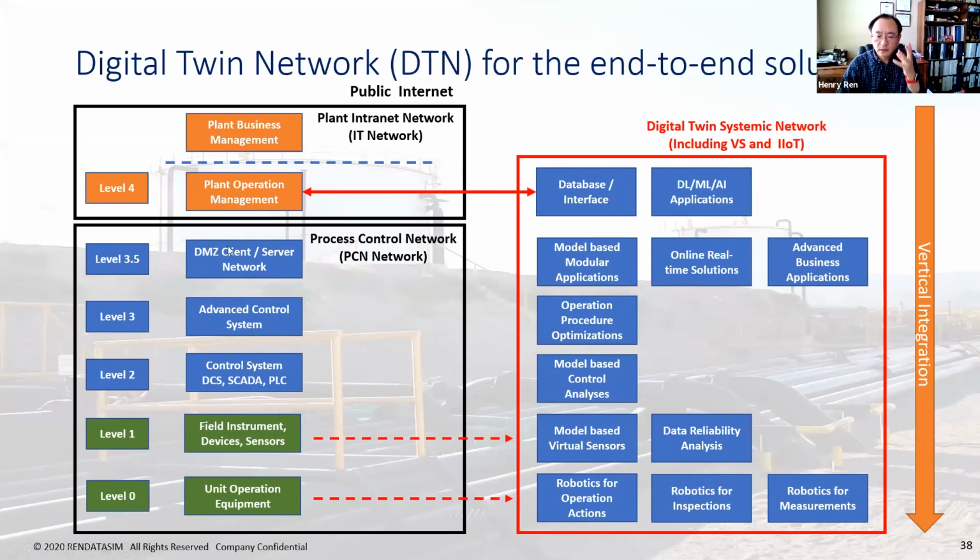So this is the key I presented here and challenge you to think about. Currently, at a high level, people work on the PCN network, the plant is already there, it works, okay? But a lot of information is not available at the lower level, and that's what we designed, okay? Once you have the control system, advanced control, DMZ, you have a lot of data.